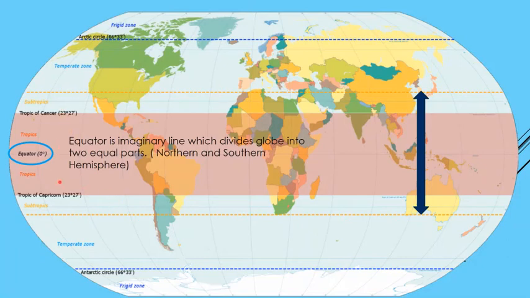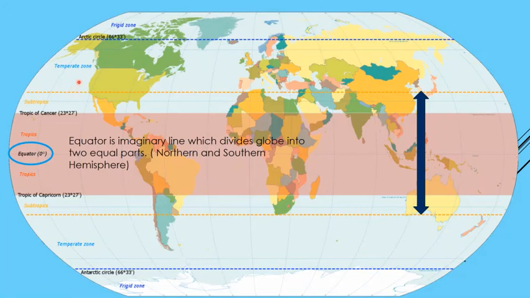Between these two tropics, the area is called the tropical climatic zone, and beyond these two lines, the area is called subtropic or subtropical area.